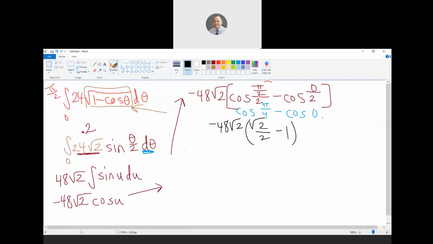So we have negative 48 square root of 2 times square root of 2 over 2 minus 48 square root of 2 times negative 1. I'm doing it this way. It's a little easier to simplify.